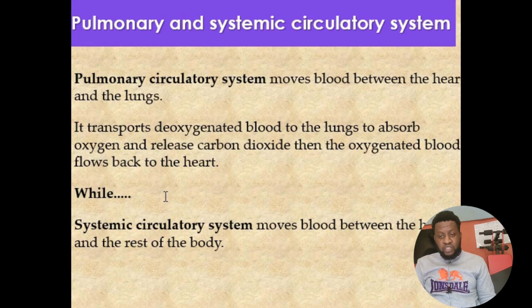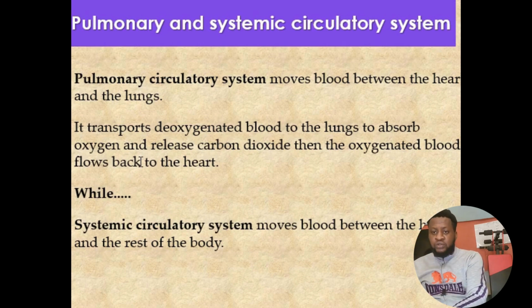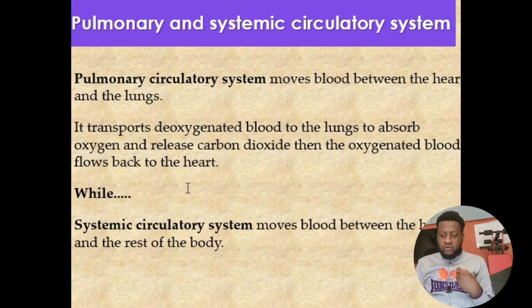So it goes from the body into the heart, then from the heart it goes to the lungs. So the blood is deoxygenated. Once it gets to the lungs, the carbon dioxide it is carrying will be liberated, while oxygen will be absorbed. Once that happens, it flows back again to the heart. So that is how it works.